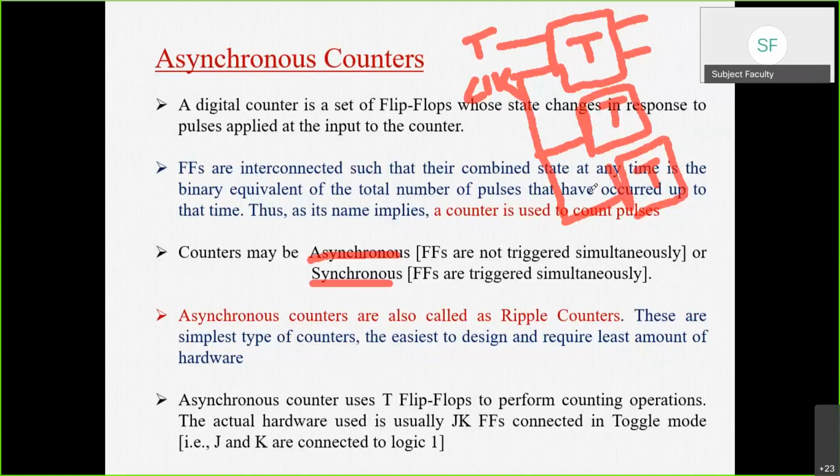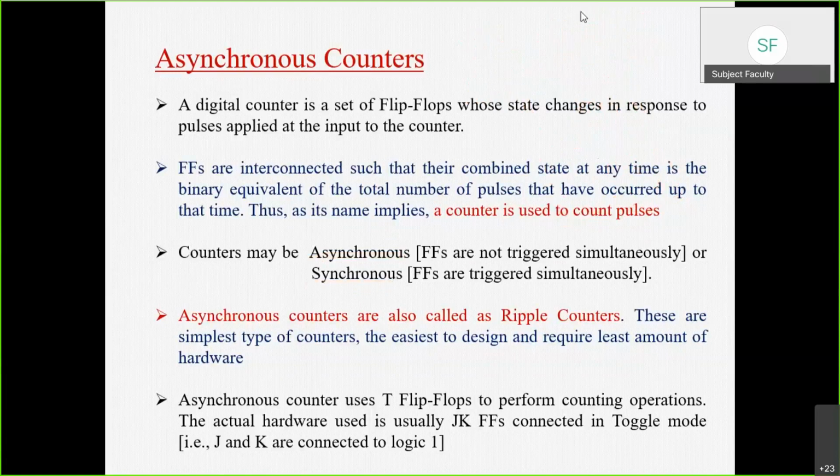It will get more clear once we start with the asynchronous counter. For now, understand that synchronous means all flip-flops trigger simultaneously, and asynchronous means flip-flops are not triggered simultaneously.